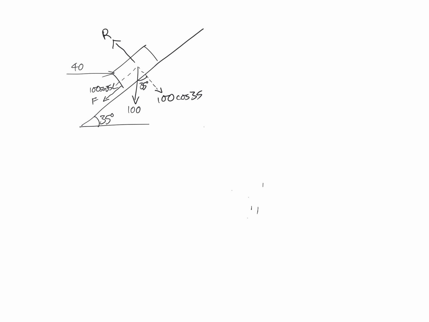And this one, kind of see the Z angles in there. That's your 35 degrees there. So this is 40 cos 35 in this direction. This is 40 sine 35 in this direction.